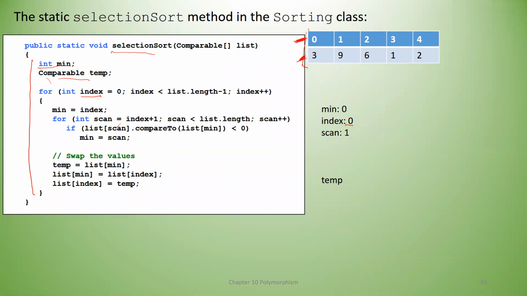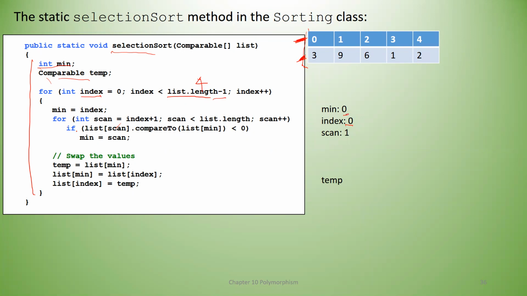That's why you do not need to go through that. So list.length is 5, and this would be 4. This way, you don't go through this element. Okay, min is index. So index is 0, min is 0.